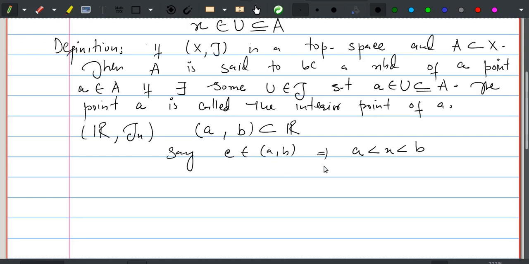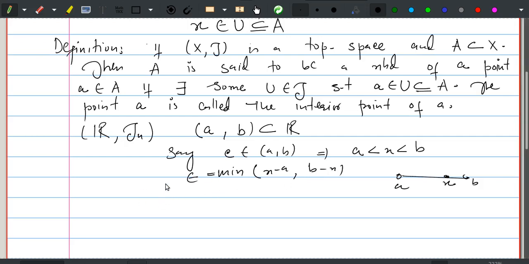So let us take epsilon to be the minimum of x minus a and b minus x.